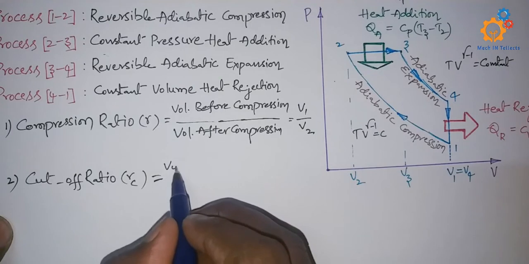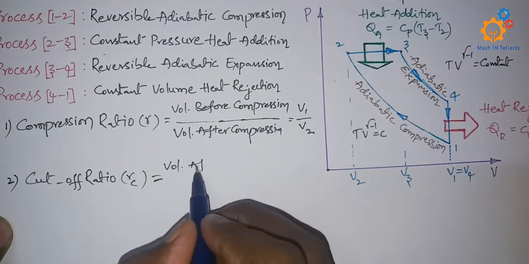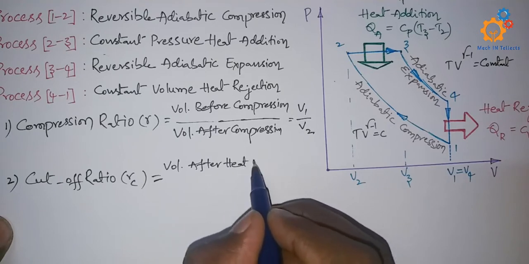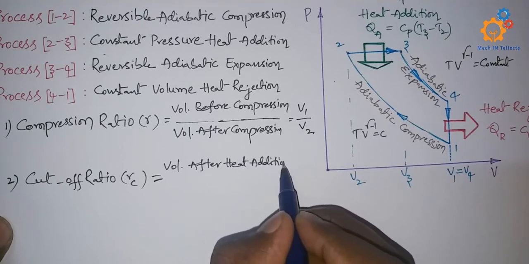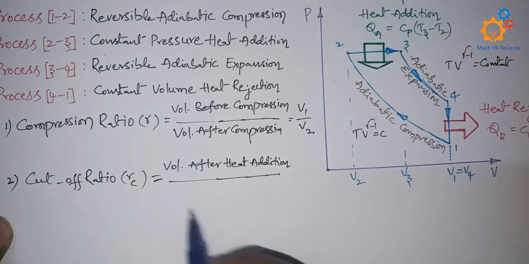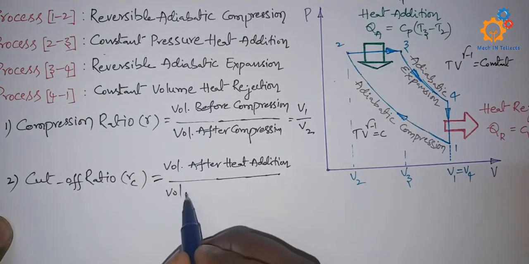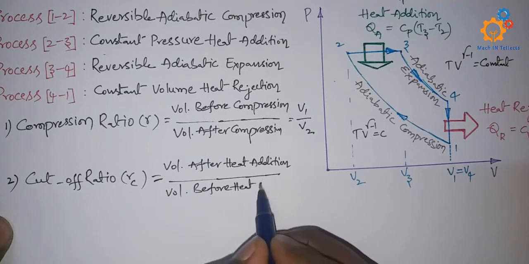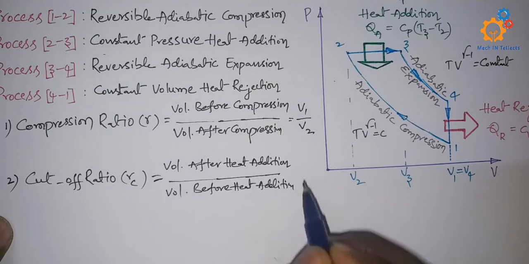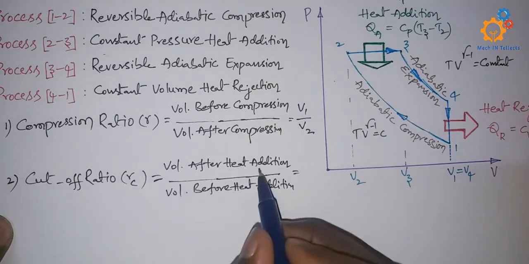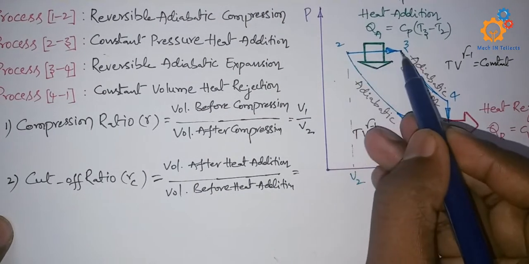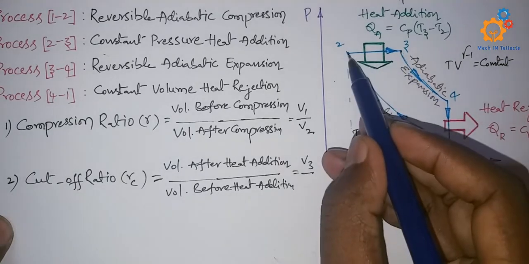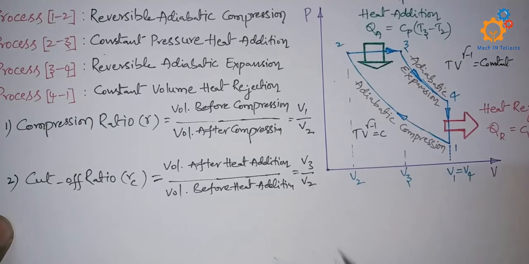It is volume after heat addition by volume before heat addition. What is this? After the heat addition process we have volume V3, and volume before heat addition is V2.